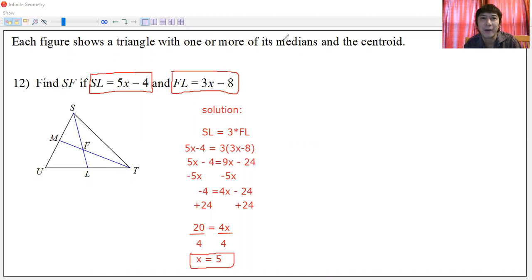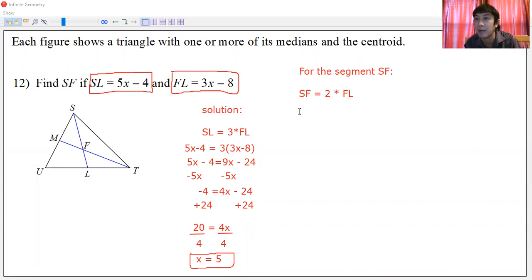So for the segment SF, SF is two times the smaller. That will be 2 times FL. So we can now use FL, then double it. That gives us SF.